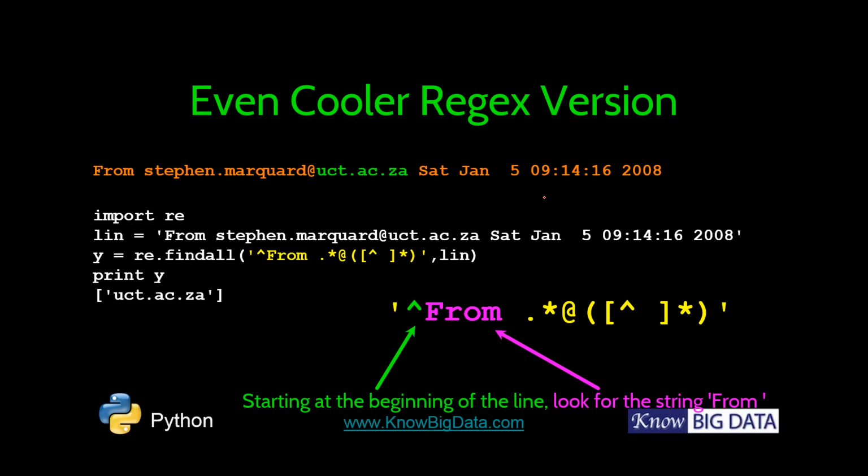And this is an even cooler regex version. Why is it cooler? Because we are qualifying one more thing, that we need to figure out the domain name of the email addresses which are only part of received mails, that is, they begin with from. Here we don't have the colon, you see, we don't have the colon here and here too.